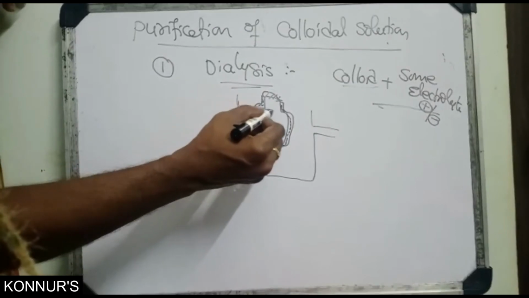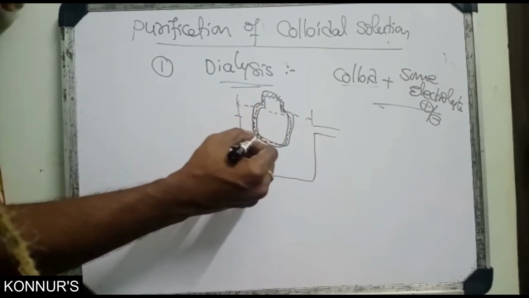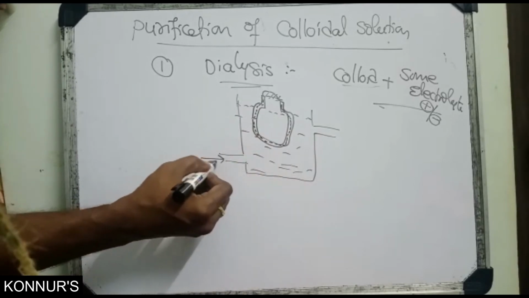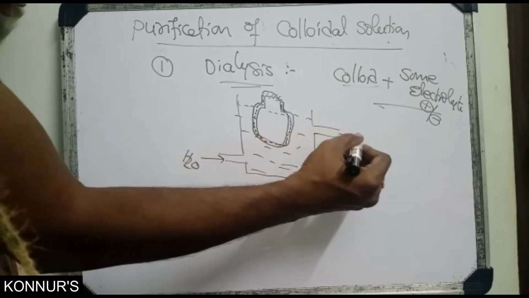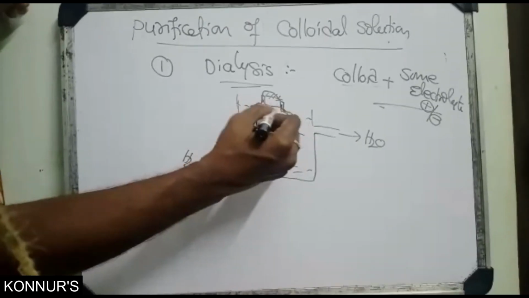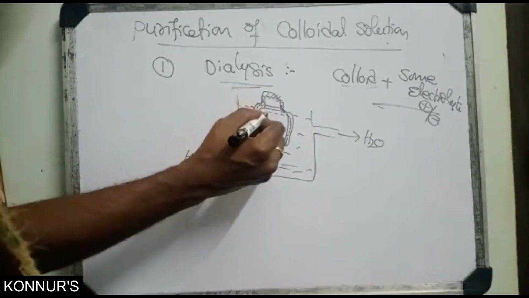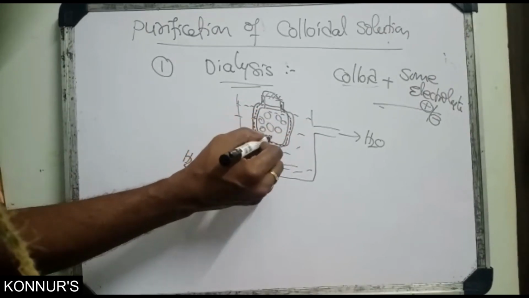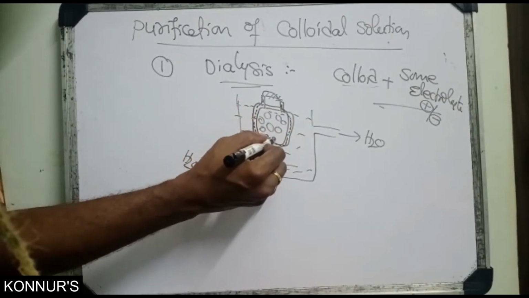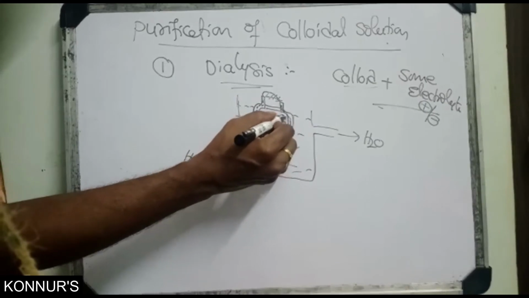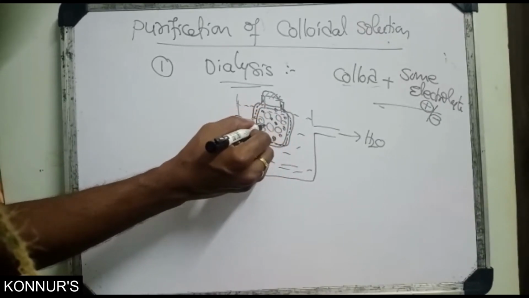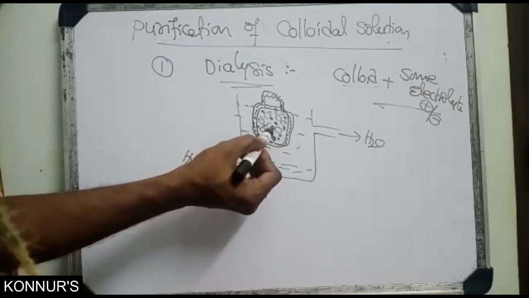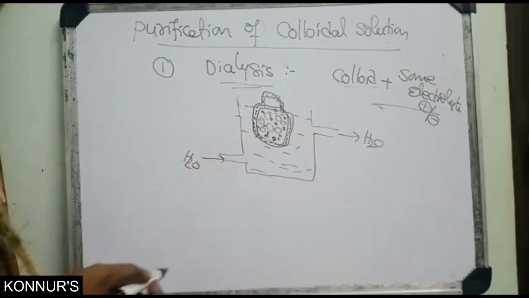So we are sending water: the inlet is water, and the outlet water is going. Here we take the colloidal solution. Next, small dot particles are our electrolyte, and the large particles are the colloid.